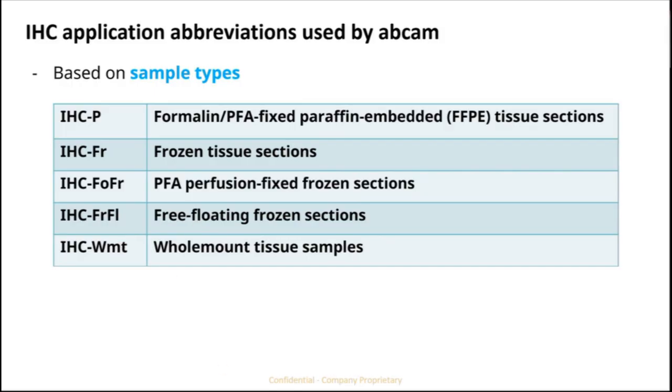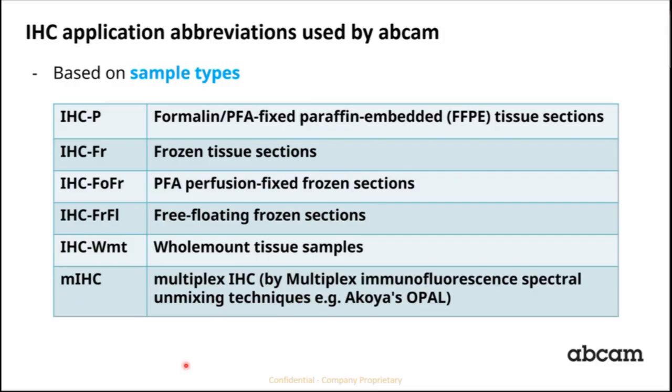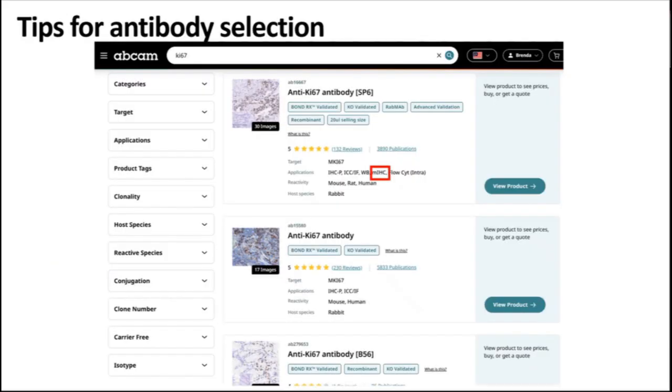And the final application would be mIHC, which stands for multiplex IHC, where two or more antibodies are used simultaneously. So if you are looking at doing a multiplex IHC, then please keep a lookout for the mIHC tested application. You will know that this antibody has been tested in a multiplex setting.